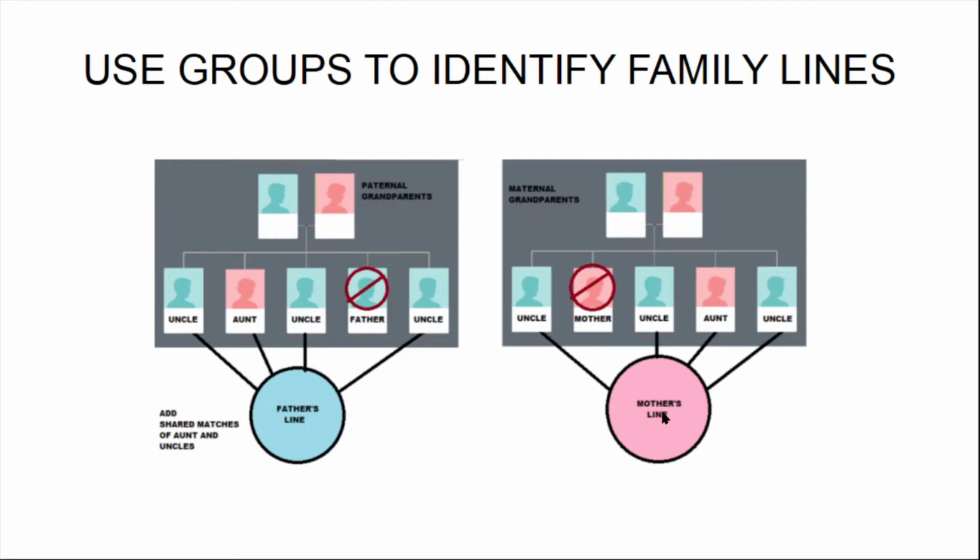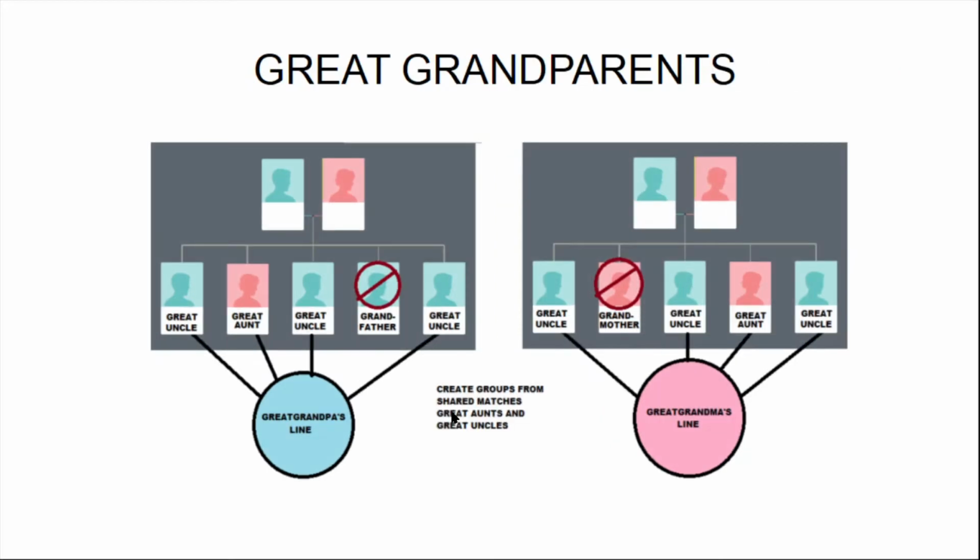The same with your mother. If she had brothers and sisters, shared matches with their descendants would isolate your mother's line. Get your head around that. Pause if you must, because that is the principle we are going to be building on.